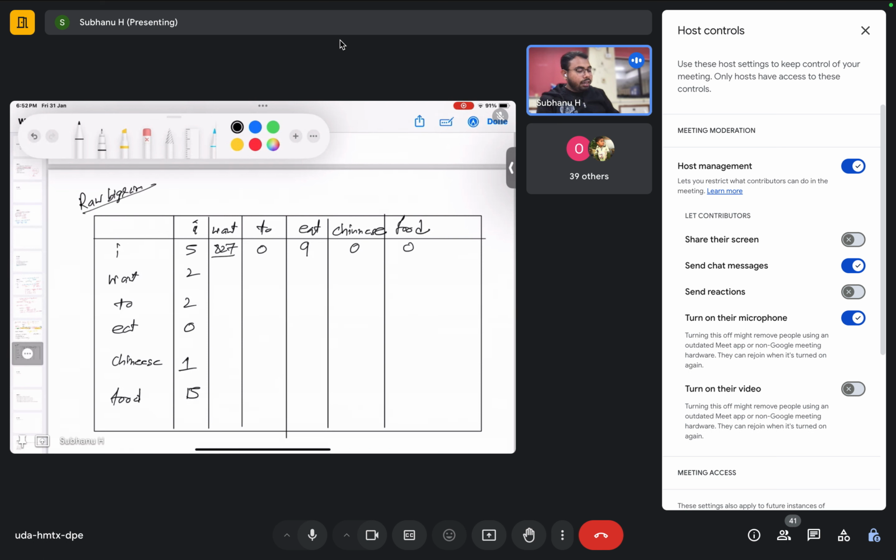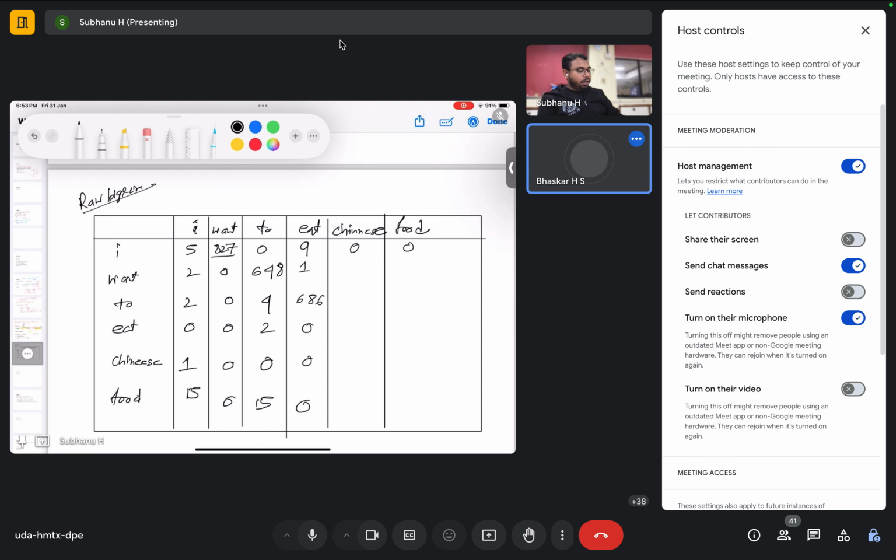This number says how many times these two words appear together. I never say want eat or want Chinese like this. But want to, I say many times, 648 times, I want to. If you use some simple intuition, you can see that these words are practically correct.